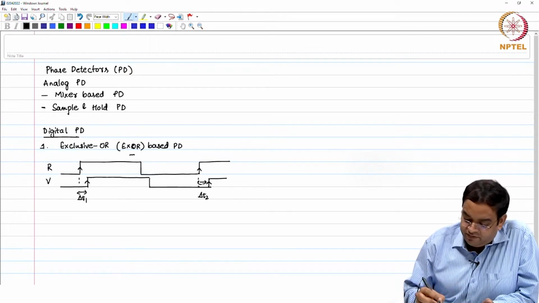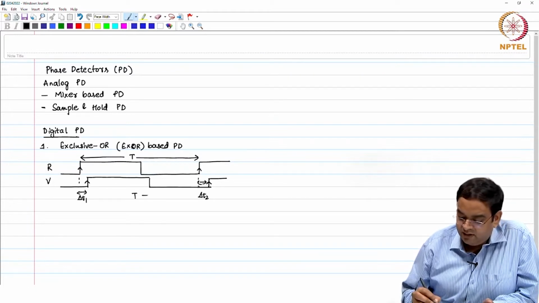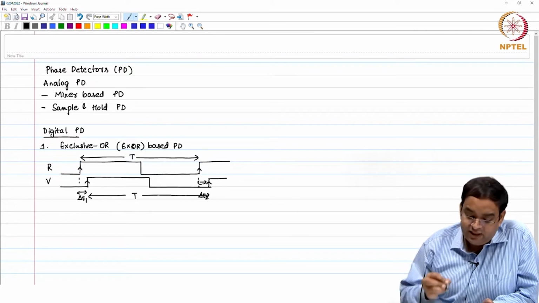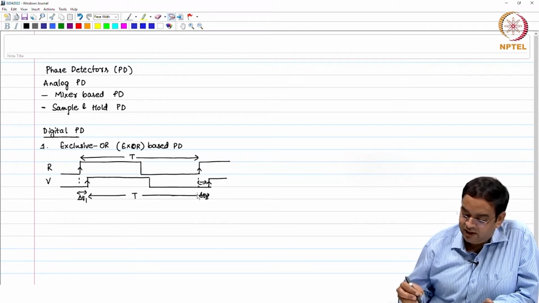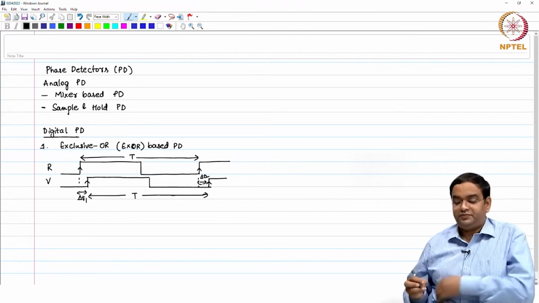If the time period of both the clocks is the same, then the phase error, or the timing error, delta T1 and delta T2, is going to be the same. This is the time period, this is delta T2.